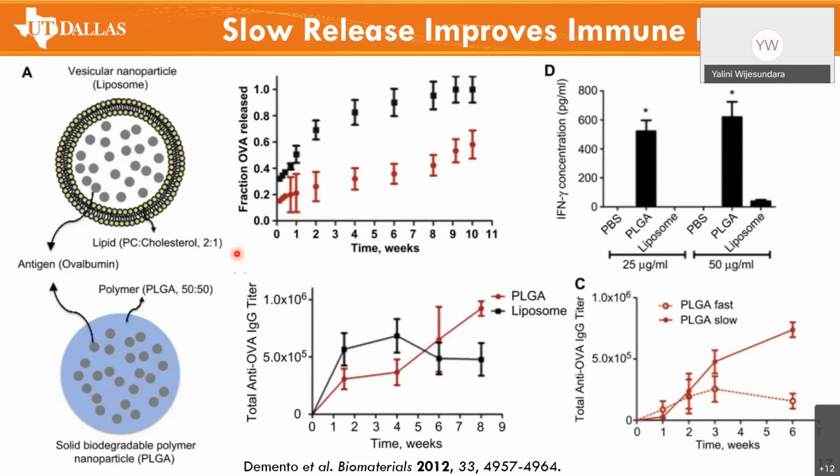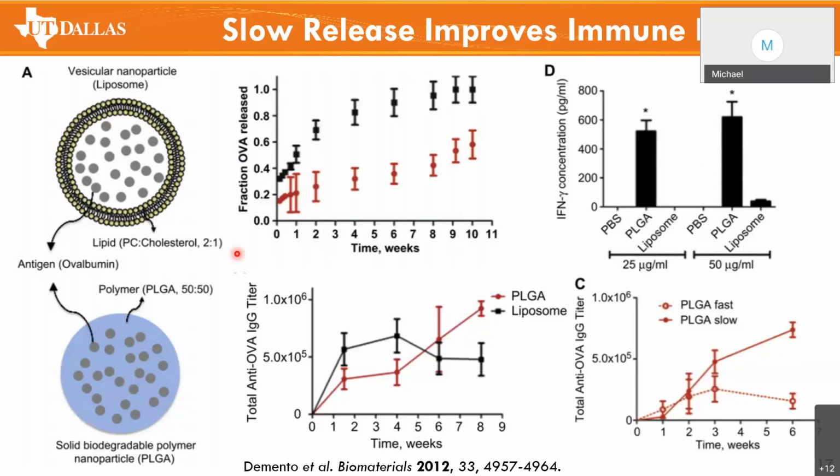So we have to functionalize the surface to deliver to the specific sites. Yes, okay. And I think if you could find a way to keep it longer where you inject it, because I think with liposomes they tend to move to the circulatory system rather quickly. If you can develop adhesion molecules to keep it in your skin tissues instead, I think having it stay there and giving antigen presenting cells a higher chance of recognizing it would lead to a stronger immune response.